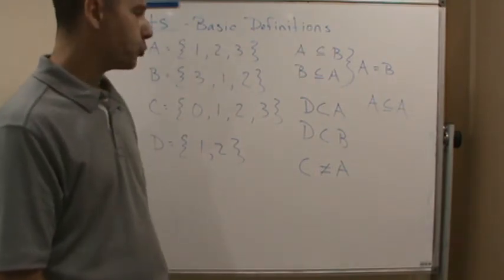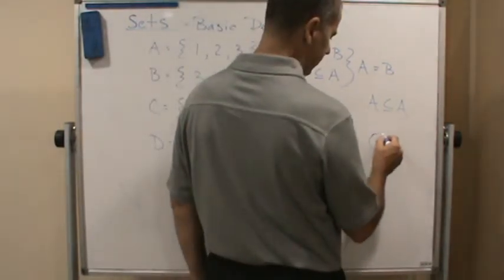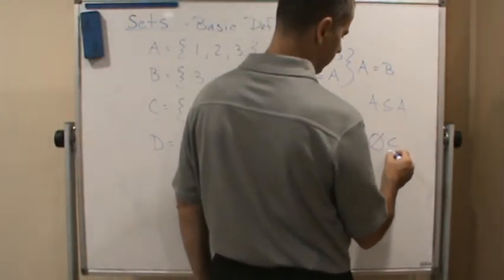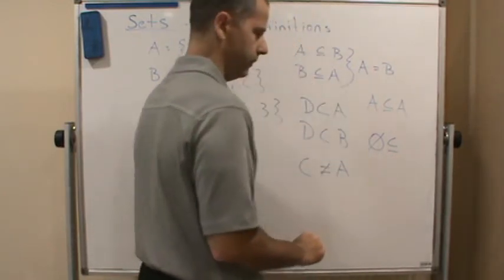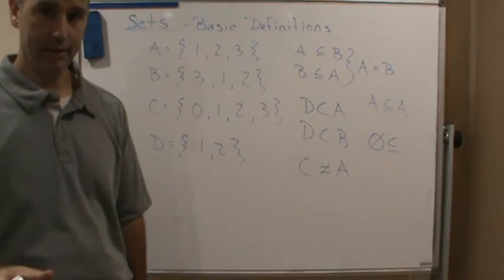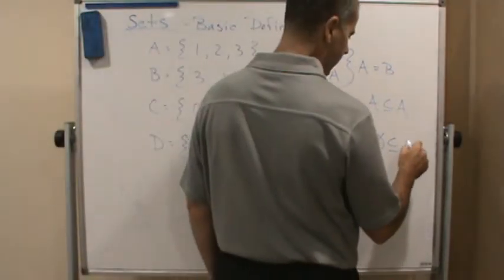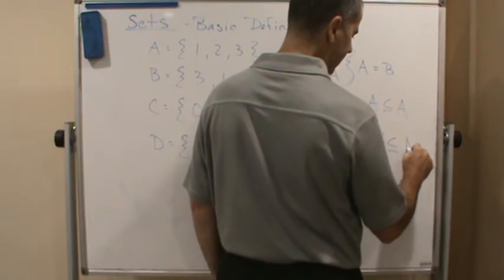Also, the null set is a subset of every set. The null set is a subset of any set.